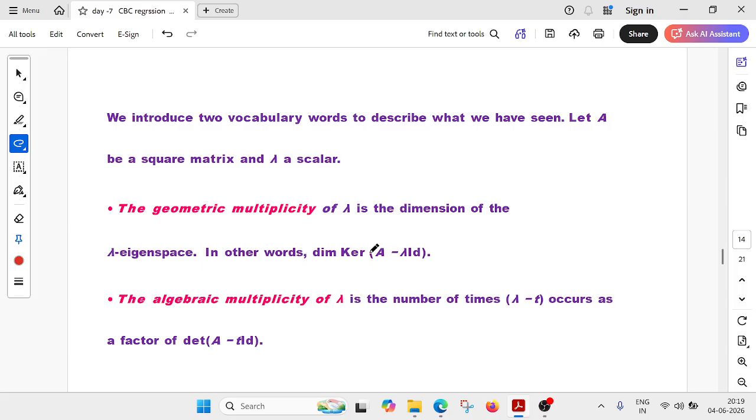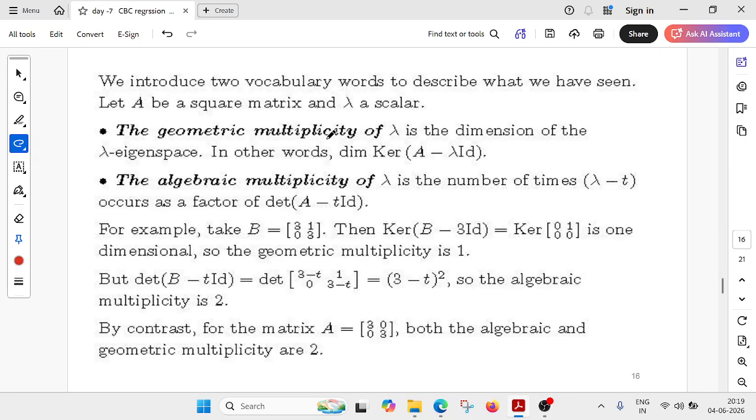Now I need to explain clearly. The geometric multiplicity of lambda is the dimension of the eigenspace, in other words the dimension of the kernel of A minus lambda I. The algebraic multiplicity of lambda is how many times it is repeated, the number of times lambda minus t occurs as a factor of det of A minus tI.